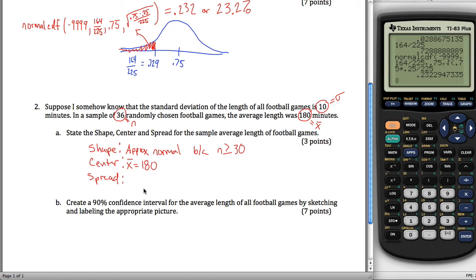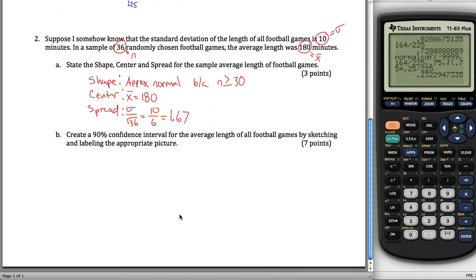And the spread I'm going to get by taking my standard deviation, sigma, and dividing that by the square root of n, which is 36. So that's 10 over 6, 5/3, 1.67, I think. Shape, center, spread, done.